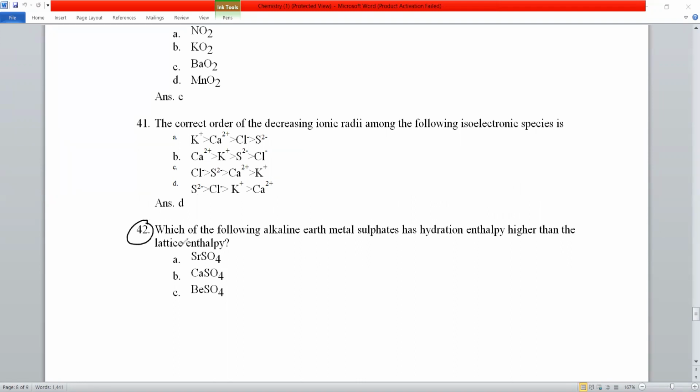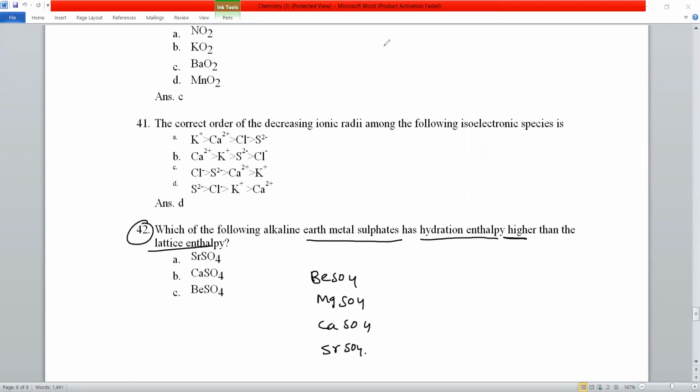Next, 42. Which of the following alkaline earth metal sulfates has hydration enthalpy higher than lattice enthalpy? So they have given here beryllium sulfate, magnesium sulfate, calcium sulfate, and strontium sulfate.